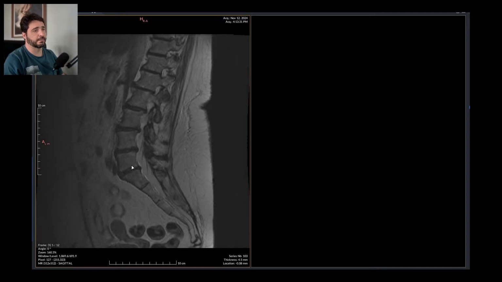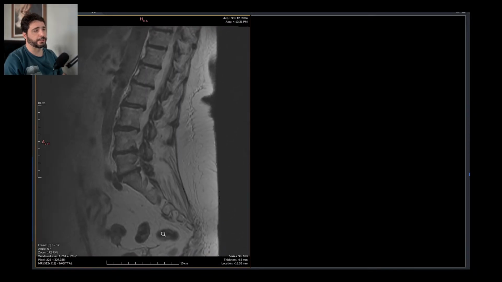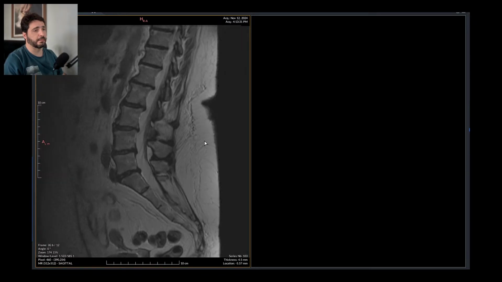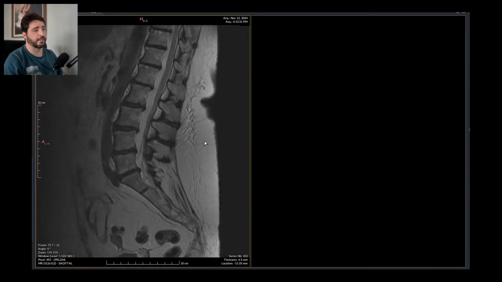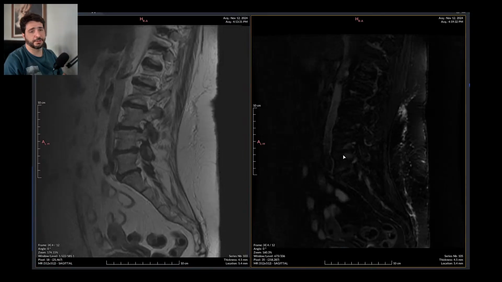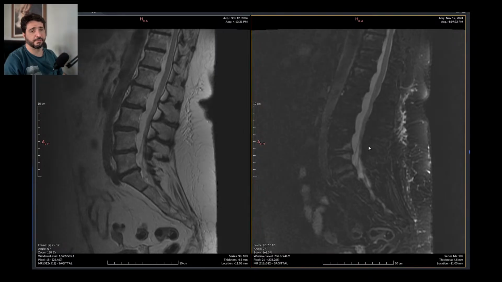Right there, this is supposed to be a T2 scan. It's a very large, obese female patient, and the scanner is old and badly maintained. Clearly a very, very bad scan. This is a regular T2. This is supposed to be a fat saturated sequence of some sort.